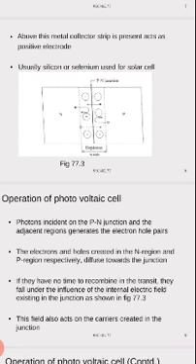The field also acts on the carriers created in the junction.